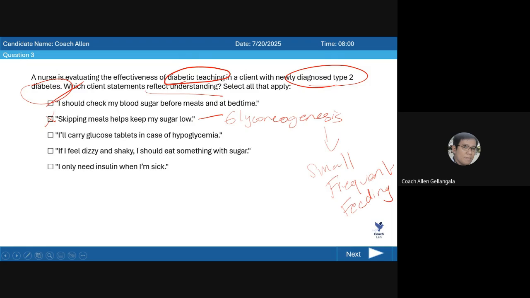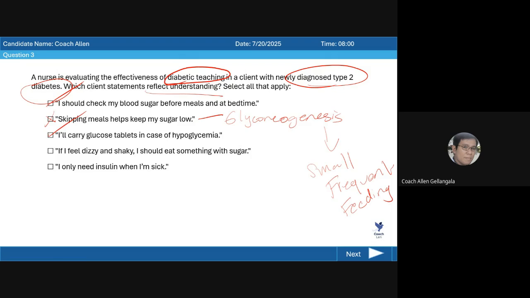I will carry glucose tablet in case of hypoglycemia. Especially when you're taking insulin, the biggest concern you're going to have is none other than hypoglycemia. So, letter C is a good understanding of diabetic education.